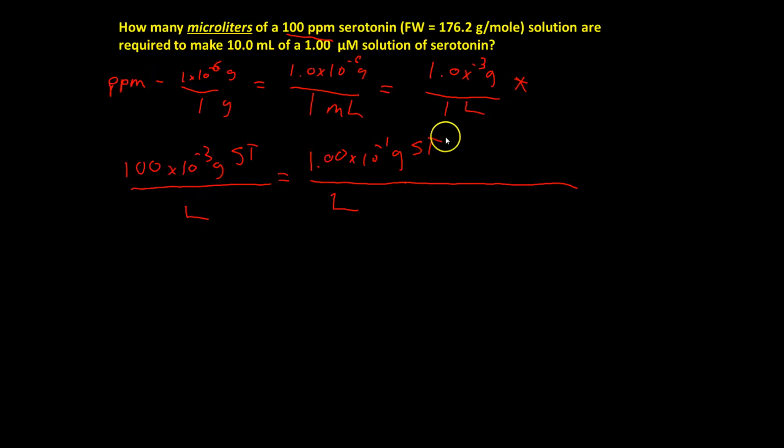So what we'll do is we'll say, okay, we know our formal weight here is 176.2 grams per 1 mole. So if we do that calculation, it ends up being 5.67 times 10 to the minus 4 molar. I ran out of space there, so let me fix that.